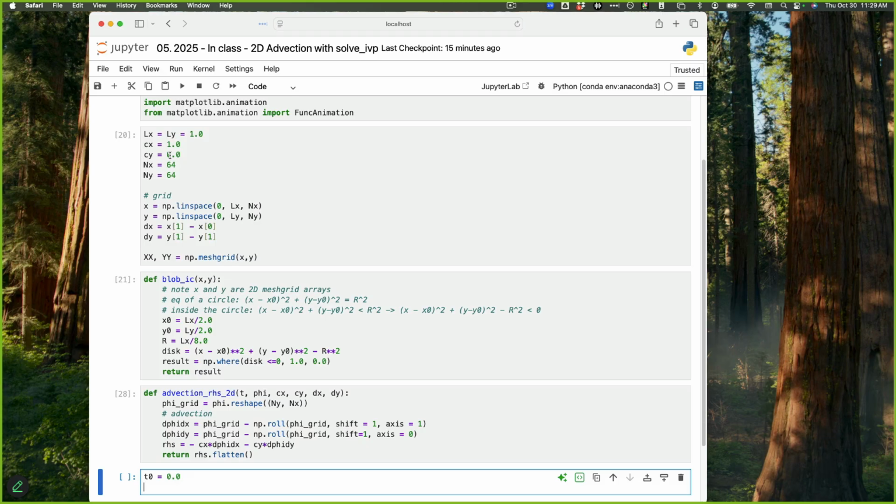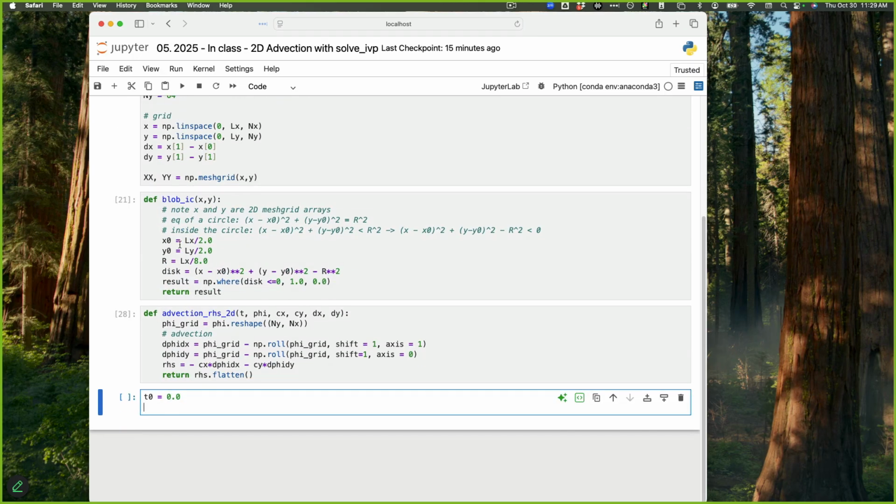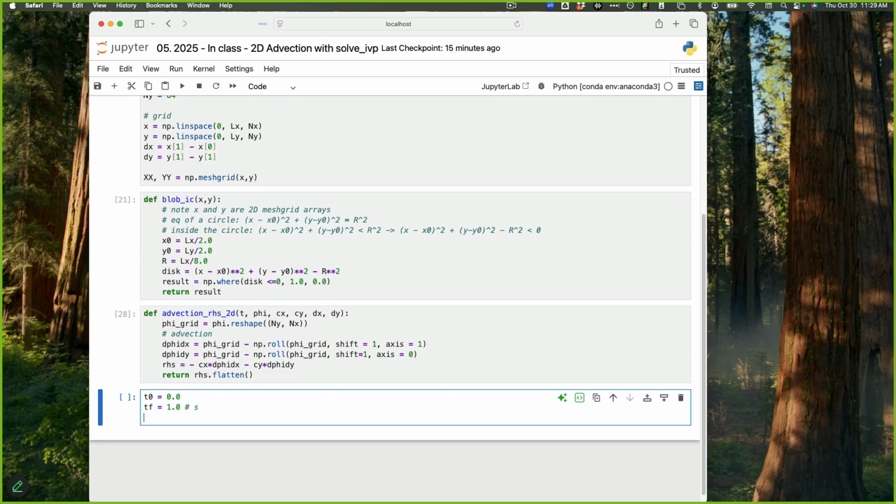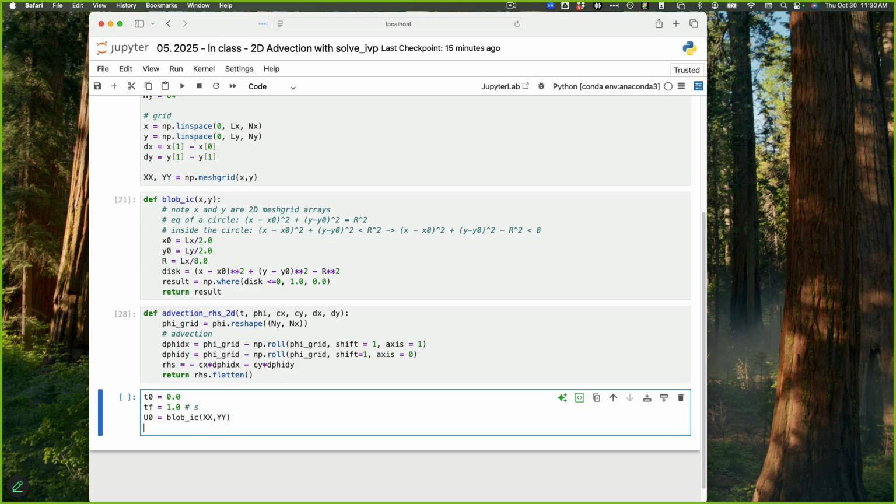So it's moving at 1 meter per second. It's going to go and come back on the other side and get back exactly in the middle. So let's do that. My t final is 1 second. Now my initial condition is blob initial condition at x, y. Now then we do solve, and then t eval.